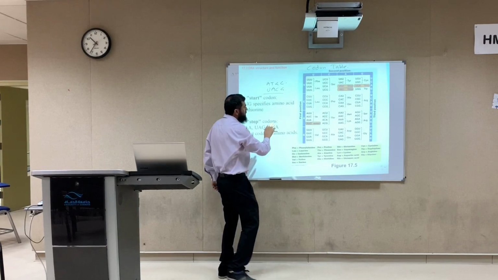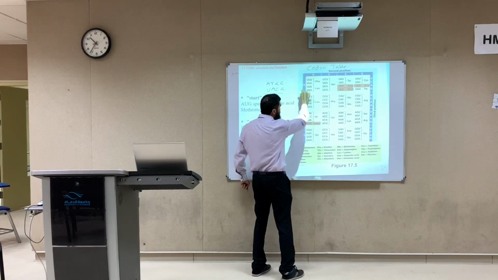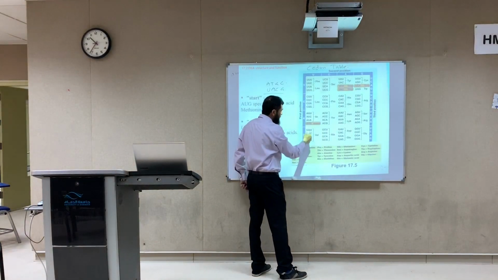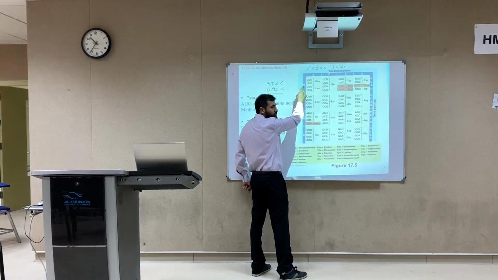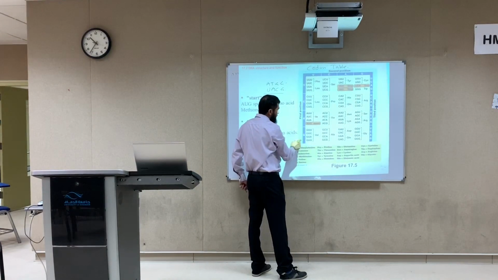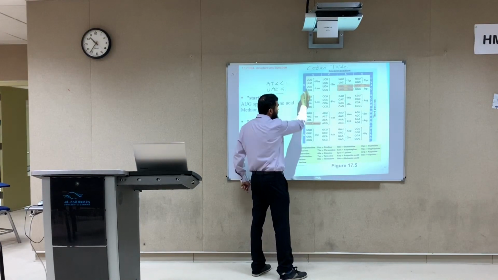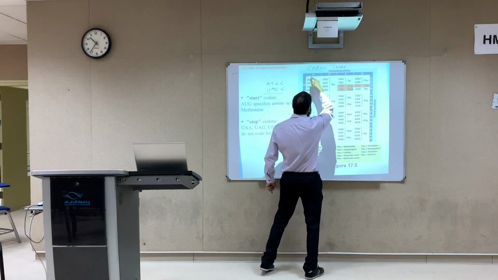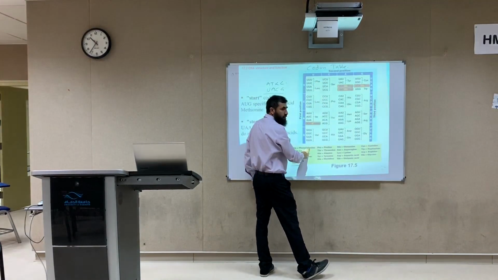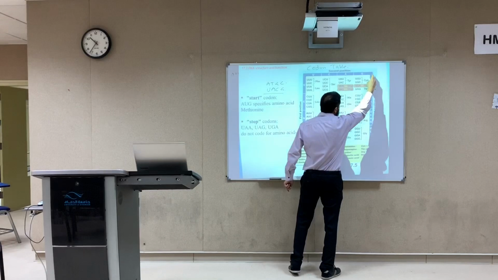So what it shows is the first position on this side, position 1: U, C, A, G. Then it shows the second position, and then the third position here.